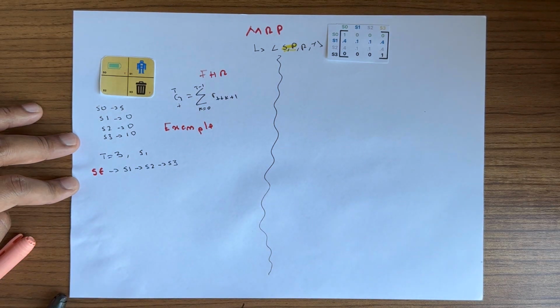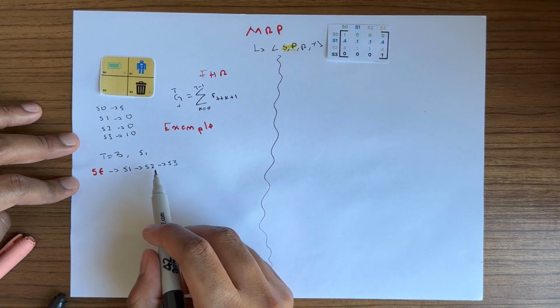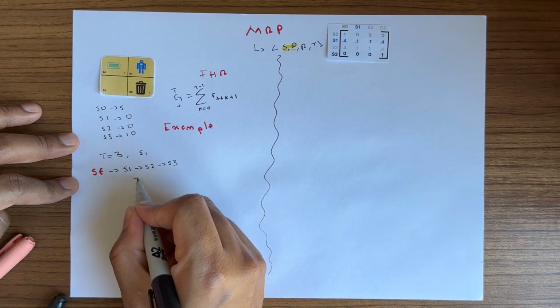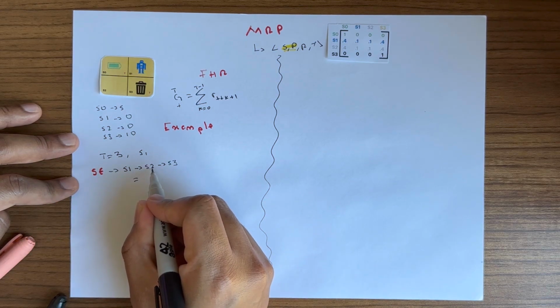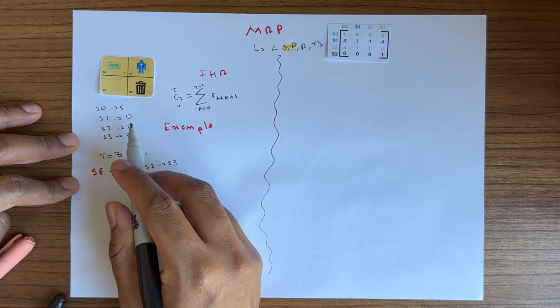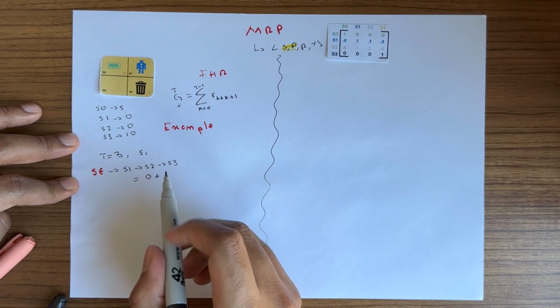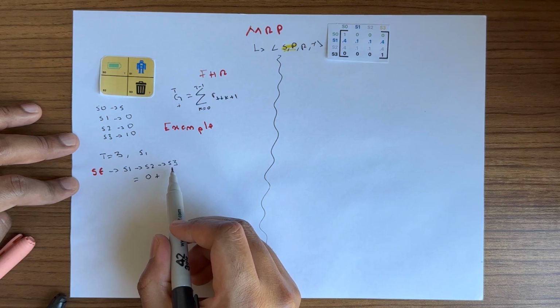Okay, now let's compute the return for this particular episode. From S1 it goes to S2. S2 has a reward of 0, so it's going to be 0 plus. From S2 it goes to S3.